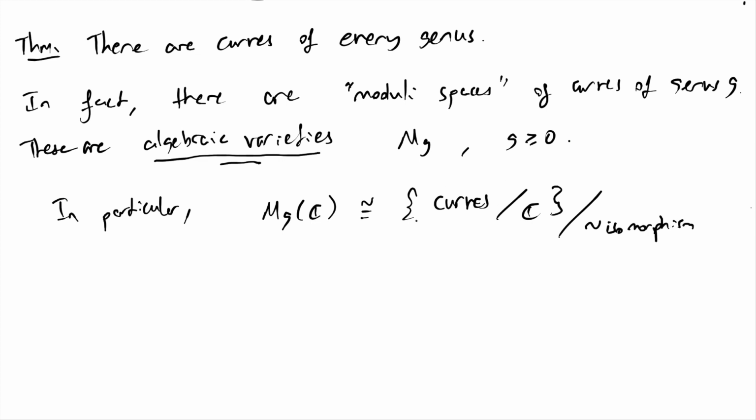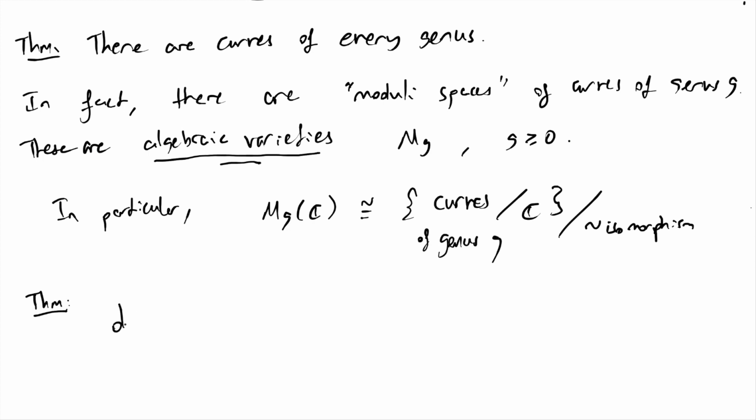So very roughly, we consider the set of all possible curves over the complex numbers, and then we mod out by isomorphisms. So the set of isomorphism classes of all curves over the complex numbers of genus g is canonically in bijection with the set of complex points of Mg.